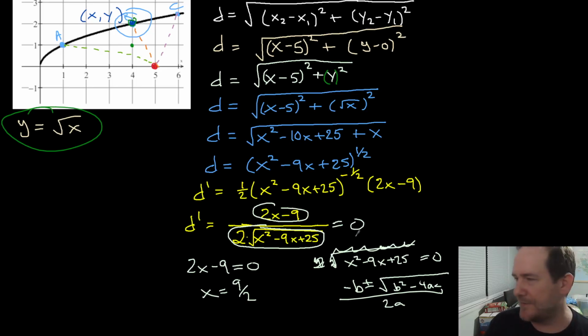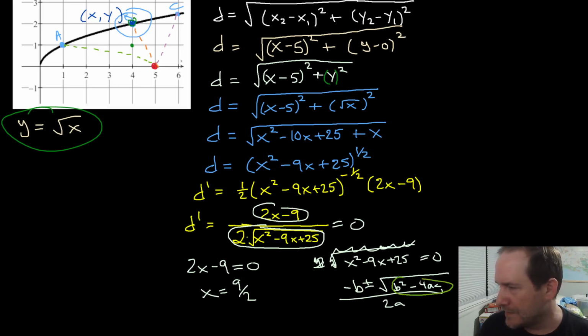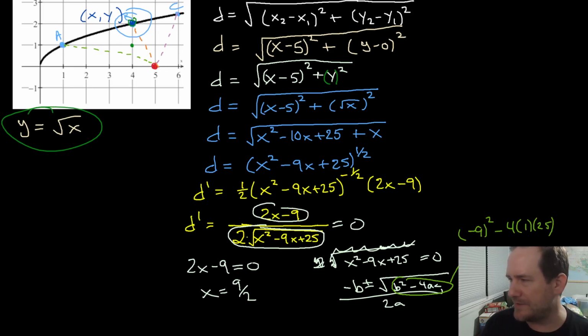All right, if you were to use the quadratic formula to try to find any zeros of our denominator, you'll pretty quickly find that all this stuff under the radical, which is called the discriminant, if you do b squared, that's negative 9 squared, minus 4 times a times c, well, this is going to be a positive 81 minus 100.